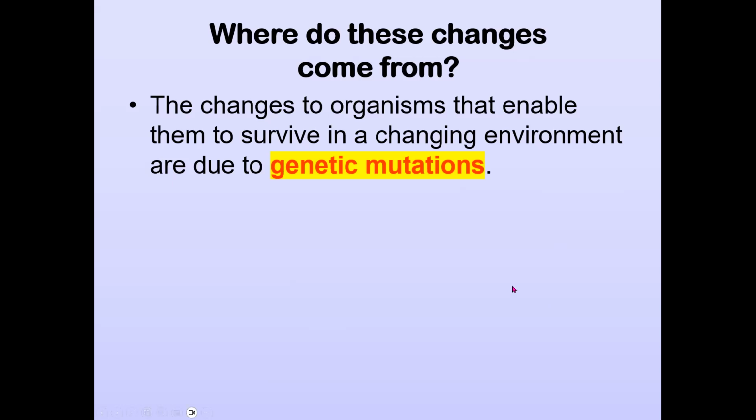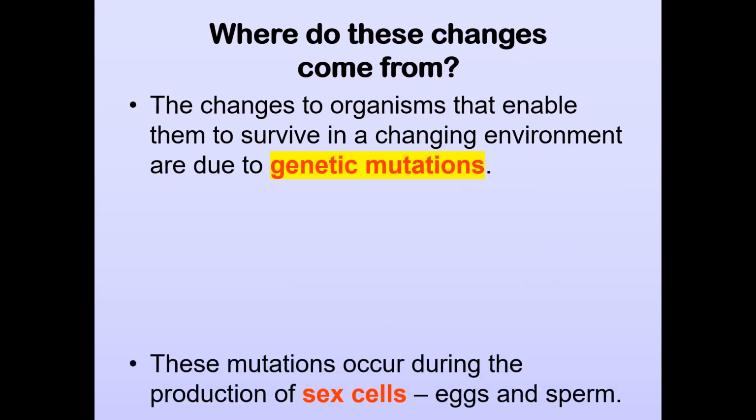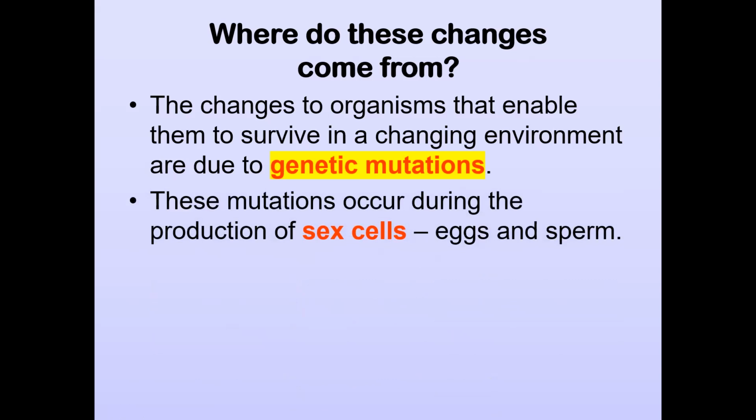So we are a bag of mutations, but there are mutations and there are mutations. First of all, there are good mutations and also bad mutations, and they're the ones that kill people off. But the good mutations depend on the environment that you're in. Now, the mutations that we're talking about, the variations, occur when the sex cells are produced. Women produce an egg, an ovum, every 28 days or so. The sperm are being produced constantly, millions and millions a day.